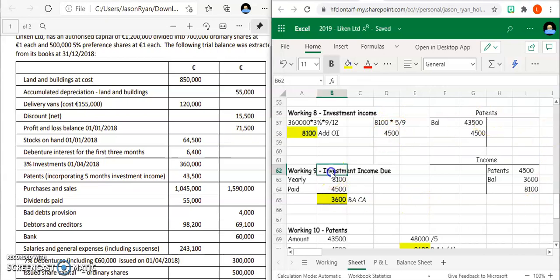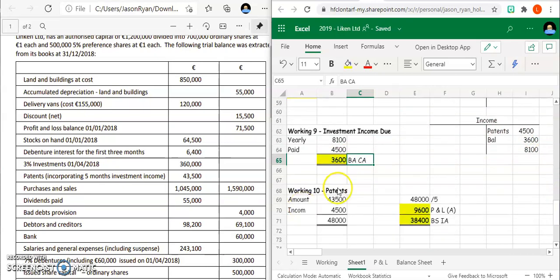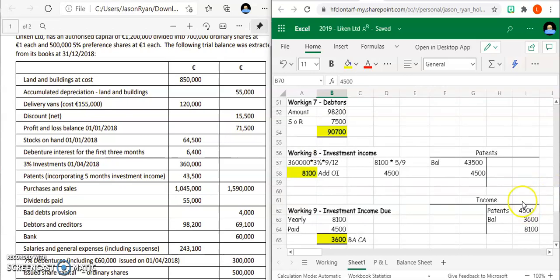Now, investment income due, so the yearly amount to receive is 8,100. We have received 4,500, which was put into your patents. So 3,600 is what's left. That goes into your balance sheet as a current asset. And then your patents, we need to take our investment income out of our patents. So to take it out, we need to add it on. Why? Because income goes on the credit side. So there's 4,500 going on the credit side. The corresponding double entry would be the debit side of patents.